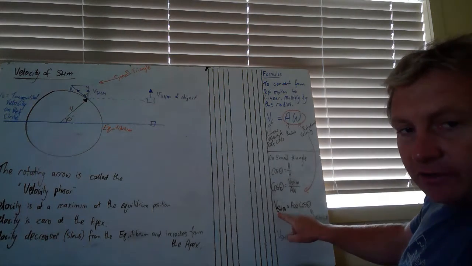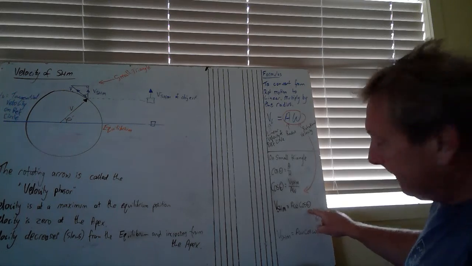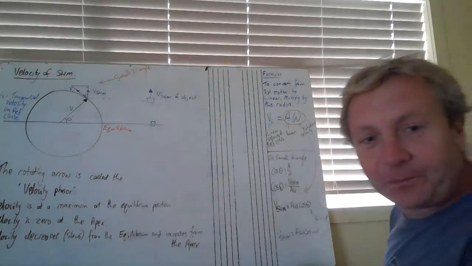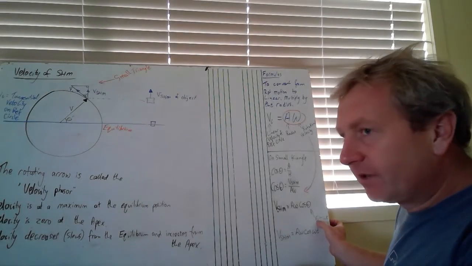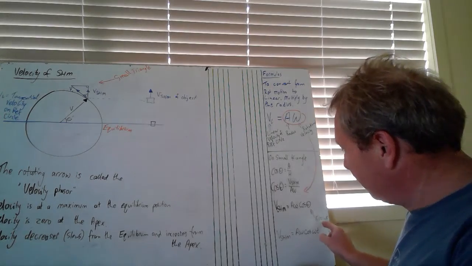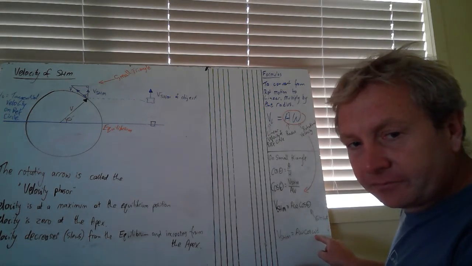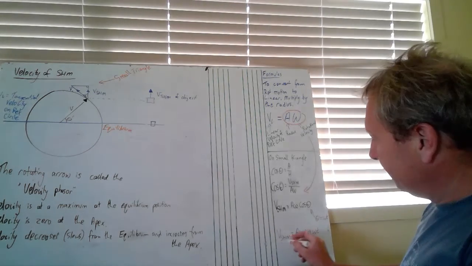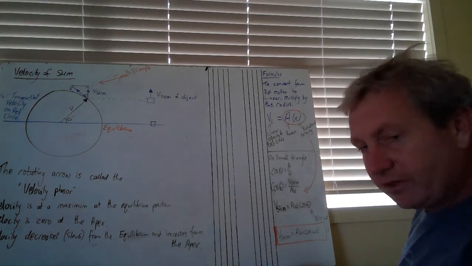You can rearrange it to: the velocity of simple harmonic motion is AW cos theta. From the last lesson, the first board work lesson, we talked about theta being equal to Wt. It means you can substitute Wt in for theta there. This formula here is the one which is on your formula sheet.